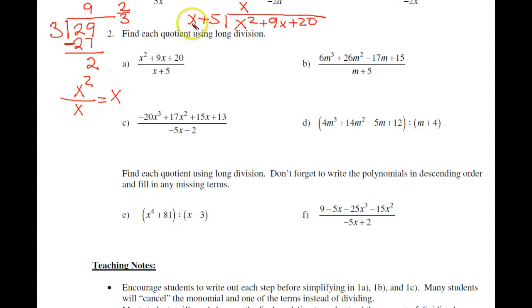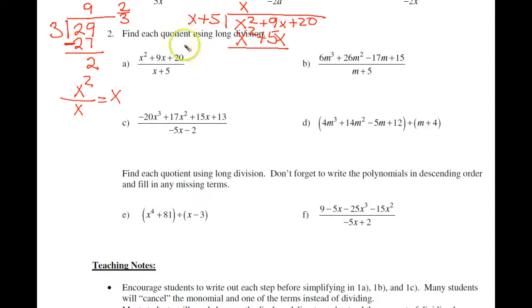So now we're going to go x times x is x squared. 5 times x is 5x. Now, when I put this line here, what did I do? This was positive.